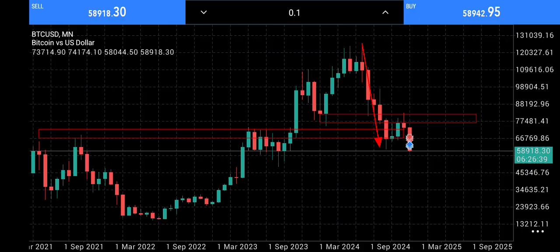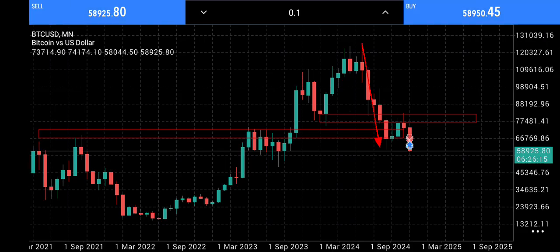Guys, I say that for me to identify a pullback, at least I need to see two candles that have changed color. You see, at least two candles that have changed color. So here I'm seeing two green candles.